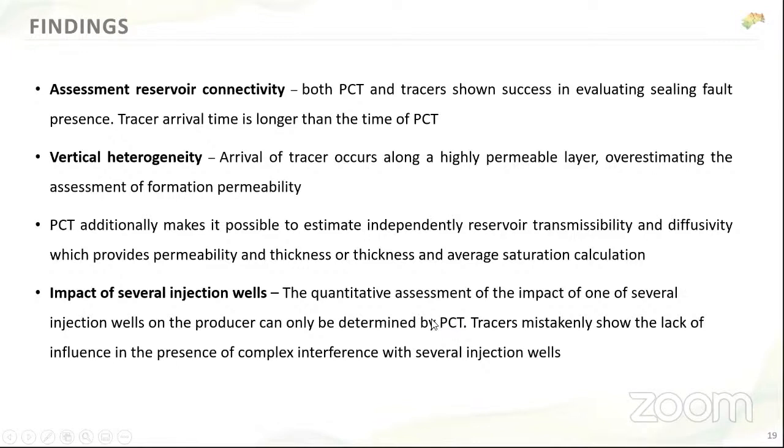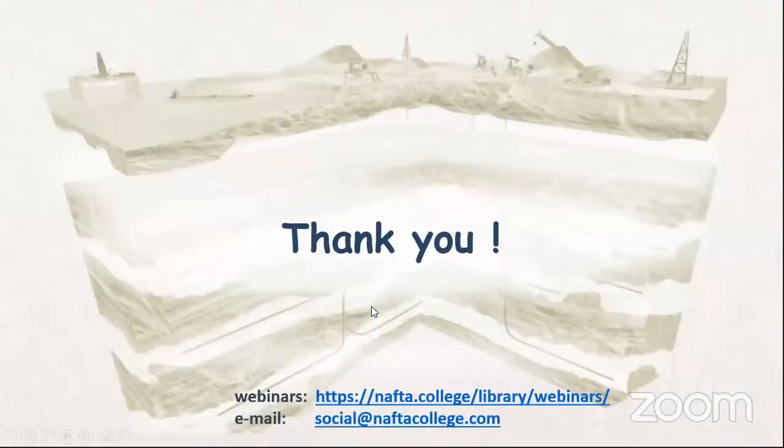If the wells are connected, we will be able to see the connection anyway, and we will also be able to understand the reservoir transmissibility and diffusivity. So that's all I would like to share about the comparison of those two technologies, and I will be happy to answer your questions.